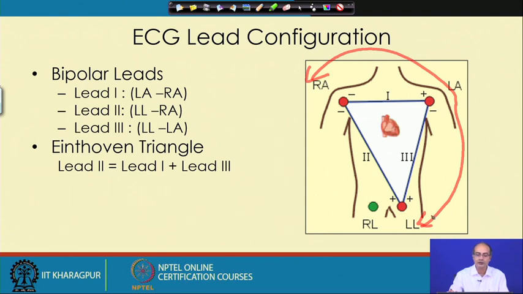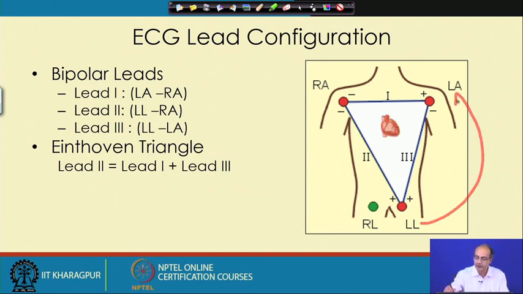In fact, the lead 2 configuration gives the highest level of signal and it is more known than the other configuration signals. The third one is that if we take the left leg and the left arm in between these two, and the right leg is grounded all the time, then we get the lead 3 configuration signal.